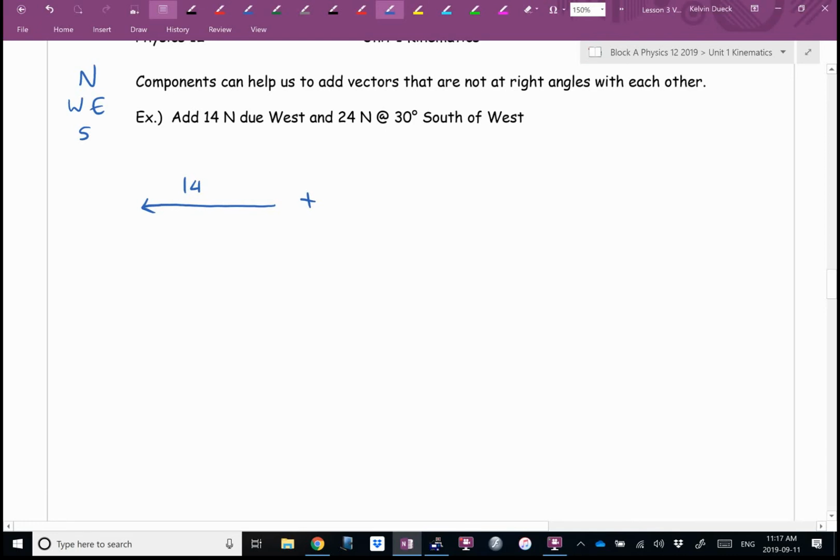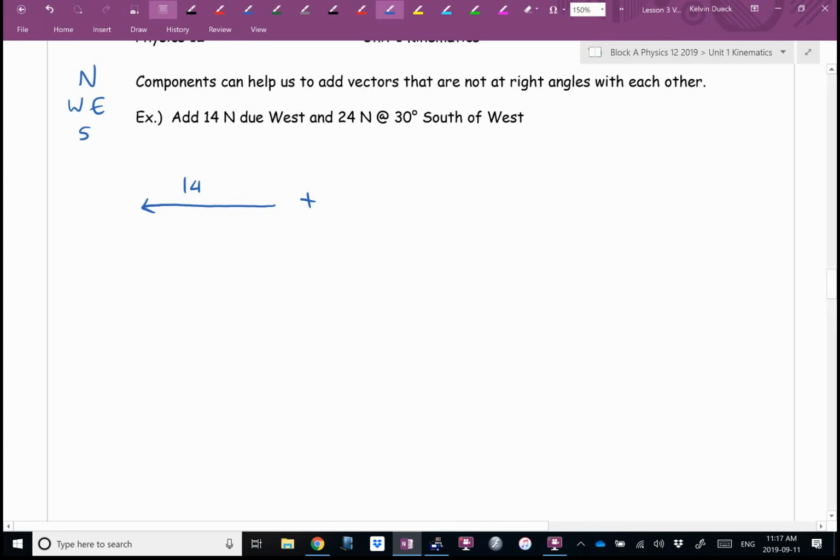I'm going to be asking you to repeat some stuff, not to make fun of you, but to show you how my brain dissects this. What's the second vector? Magnitude and full direction. I think you missed the degree. 24 newtons. South of what? West.